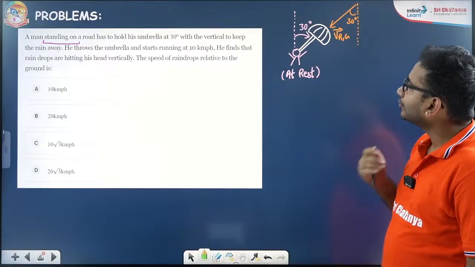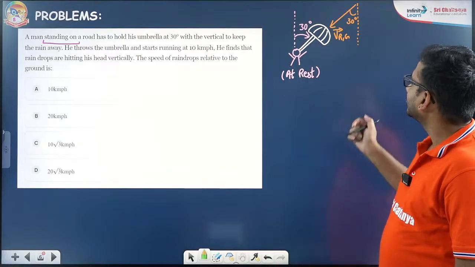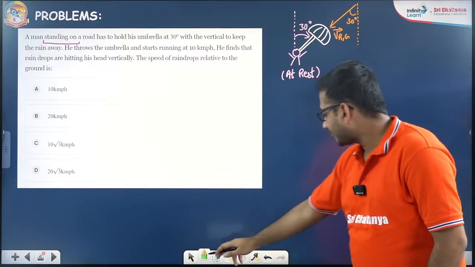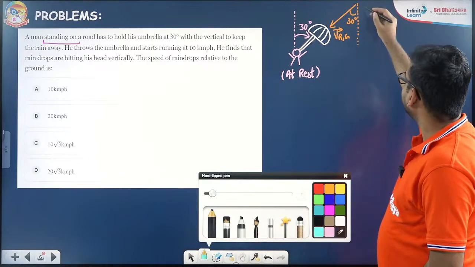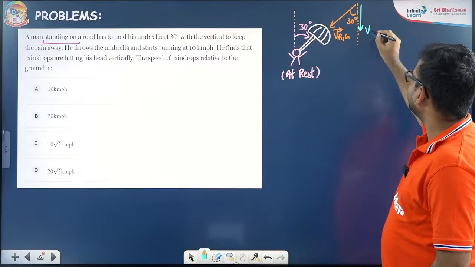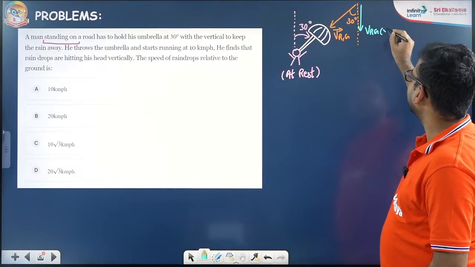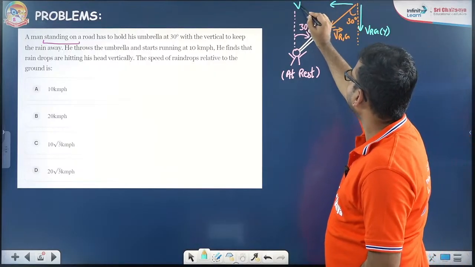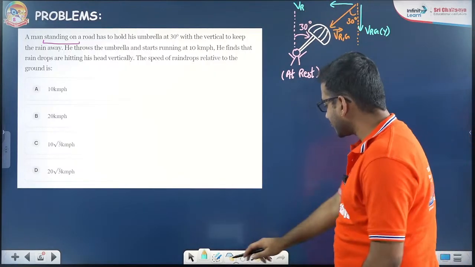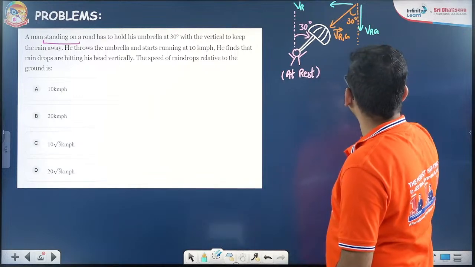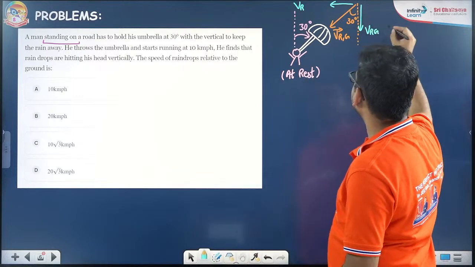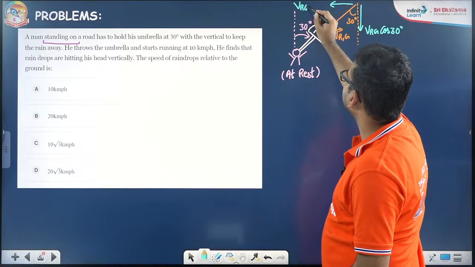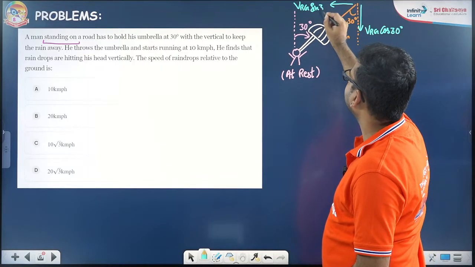So how should the man be moving? I'm going to break this into two components. This will be VRG in the Y direction and this will be VRG in the X direction. Vertically it is VRG, and since the angle is made with the vertical, it is VRG cos 30 degrees, and horizontally it is VRG sin 30 degrees.